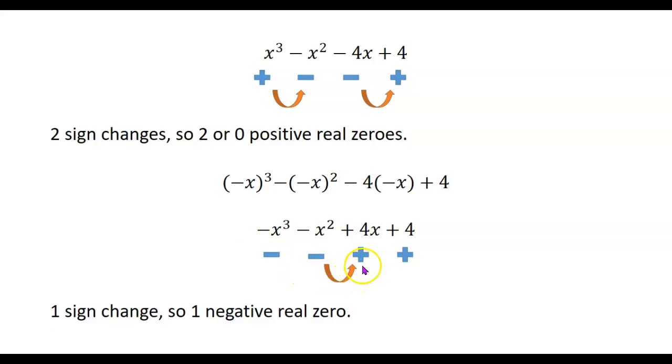And now this just has one sign change, one place where you go from negative to positive. So there's one negative real zero. Now, if you remember what the zeros were, they were 1 and 2 and negative 2. So yes, 2 of them were positive and 1 of them was negative.